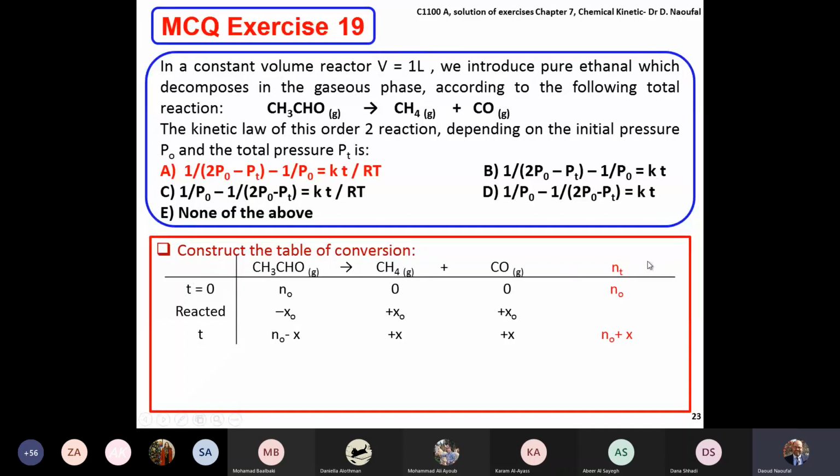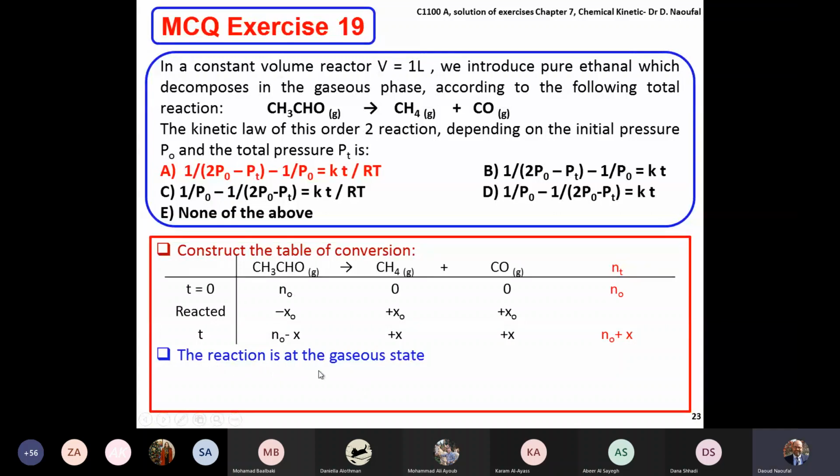So at t equals 0, N total equals N0 plus 0 plus 0 equals N0. And at time t, the total number of moles in the reactor equals N0 minus X plus X plus X, so equals N0 plus X.